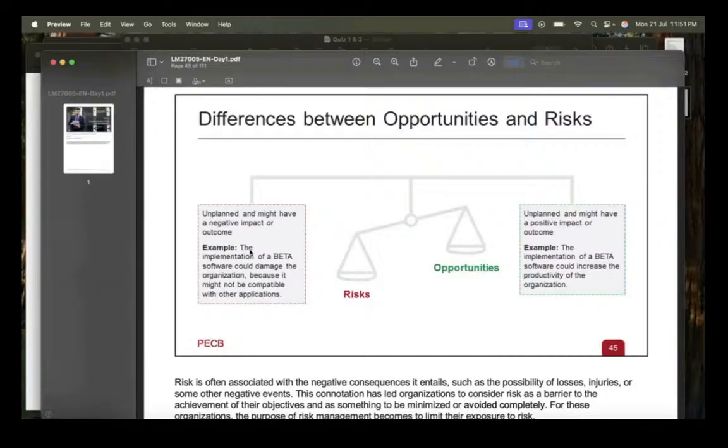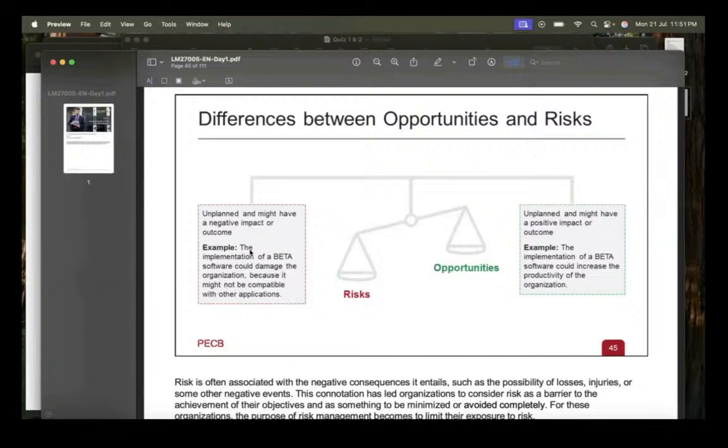To understand it better, examples are also given. For risk, the example is about a beta software version. The implementation of beta software could damage the organization because it might not be compatible with other applications.